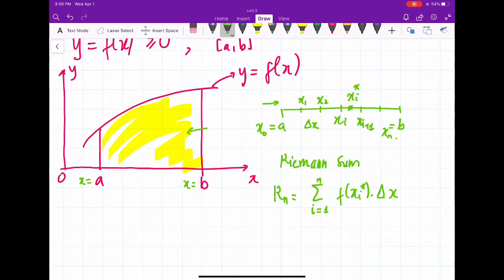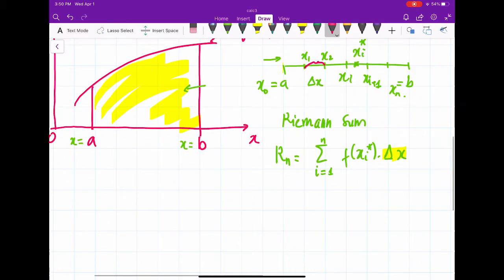And here I would like to mention, we divide the interval a and b into subintervals of the same width. So that's why we have delta x right here. Only one delta x. But if you don't want to do that, it's okay. In general case, you still have a Riemann sum.